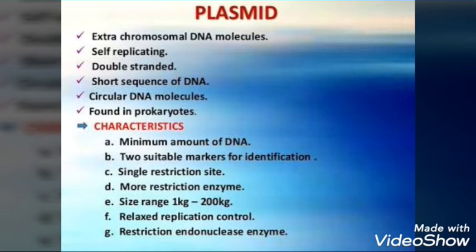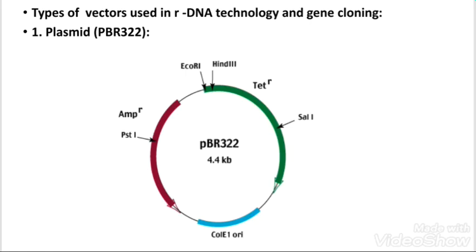So the plasmids, size range 1 to 200 kilo base pairs, KBP.